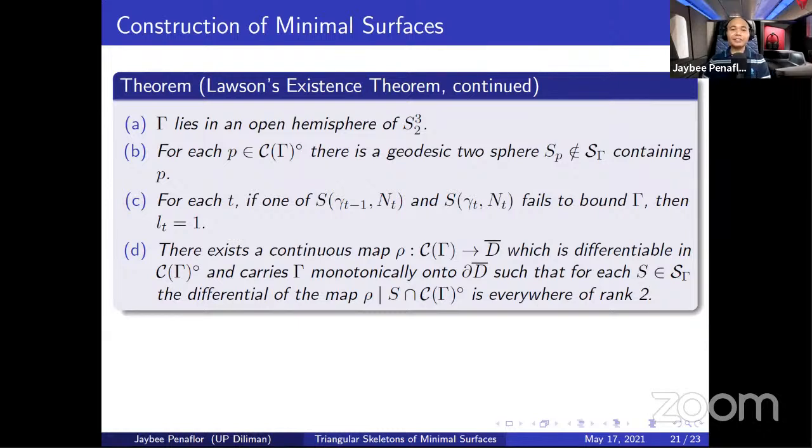And finally, there exists a continuous map rho from the convex hull to the unit disk D, which is differentiable in the interior of the convex hull and carries gamma monotonically onto the boundary of the unit disk D, such that for every S in scripted S sub gamma, the differential of this map is everywhere of rank 2.